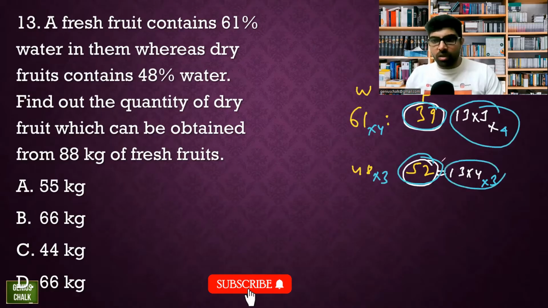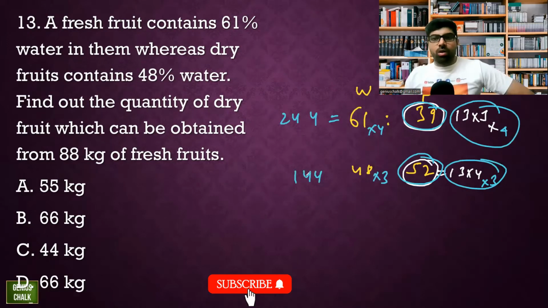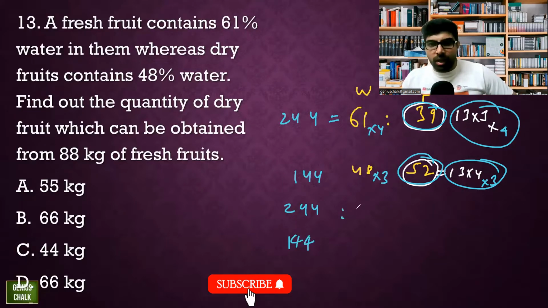Now we can see this becomes 244, and this becomes how much? 144. Yes. So water is 244 and 144, and pulp is 39 into 4, and pulp is 39 into 4.